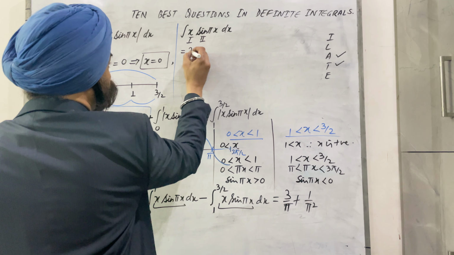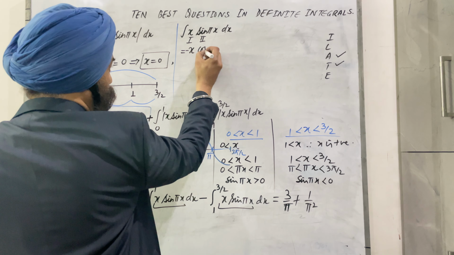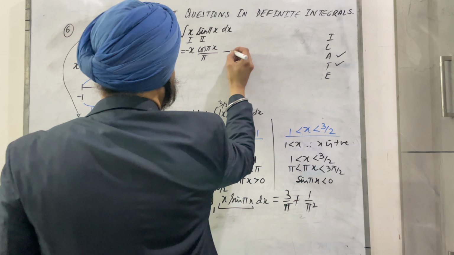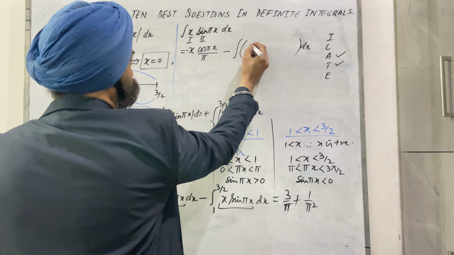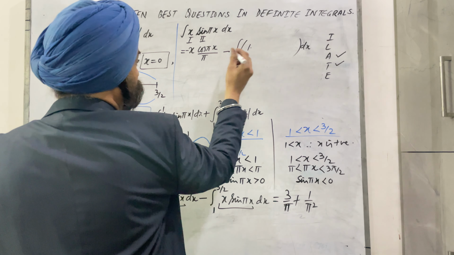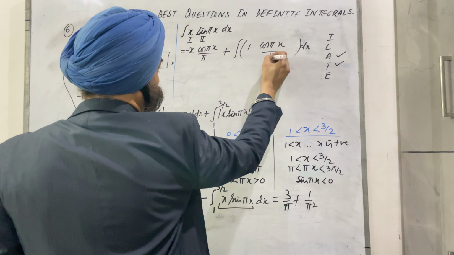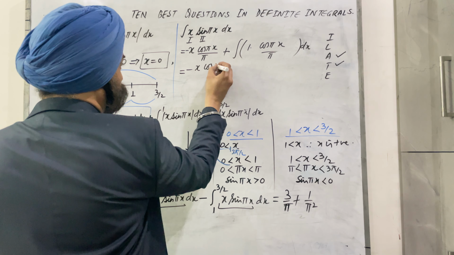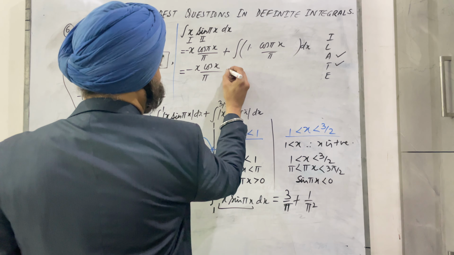So first function, integration of sine pi x, which is minus of cos pi x divided by pi, minus whole integral of d by dx of x, which is 1, into integration of sine pi x, which is minus of cos pi x divided by pi. And what we get from here is minus x cos pi x upon pi, and this plus remains as it is.